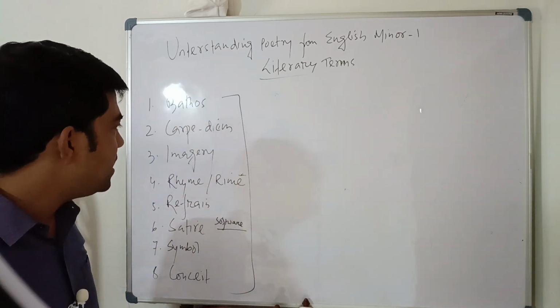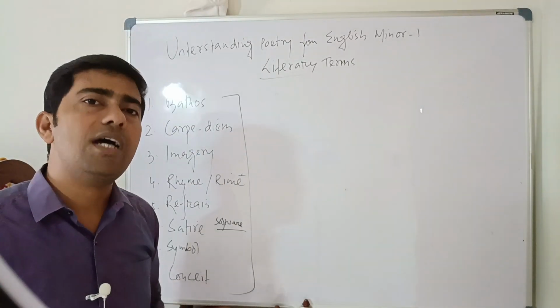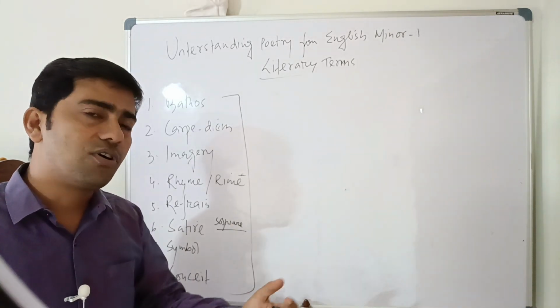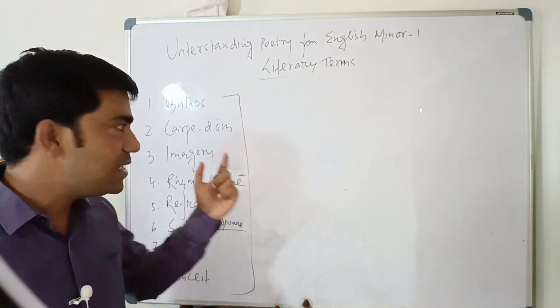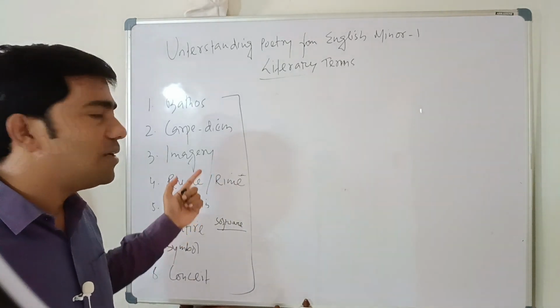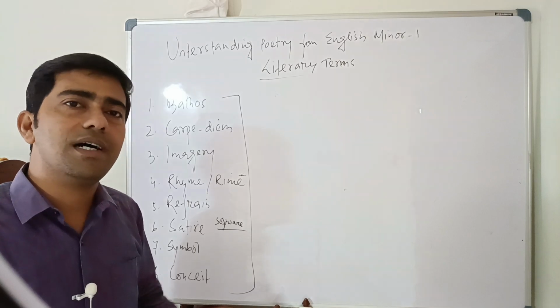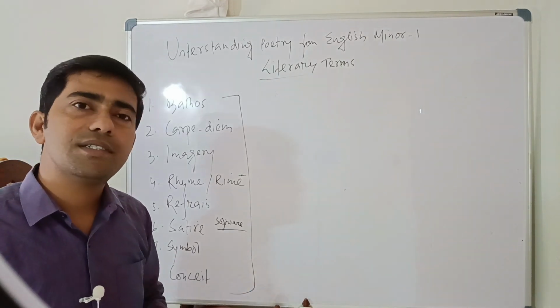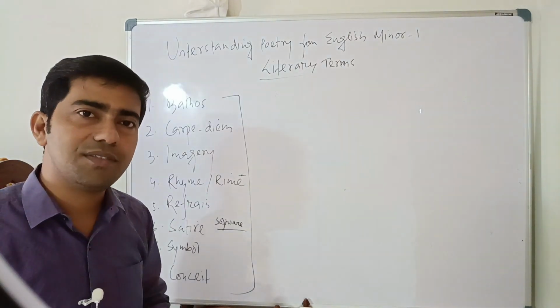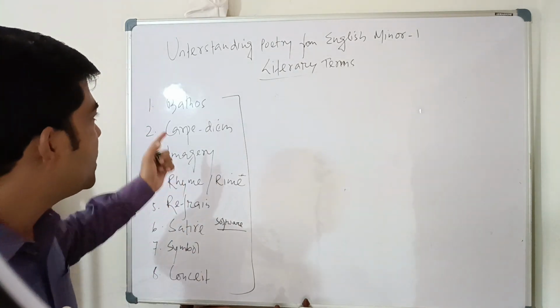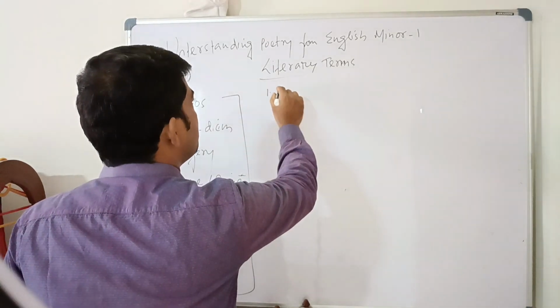And these 8 terms are the poetic devices that are, like software, applied in the poetic genre to enhance, to elevate, or to give an ornamental effect to the poetry. Alright? So the first one is bathos.